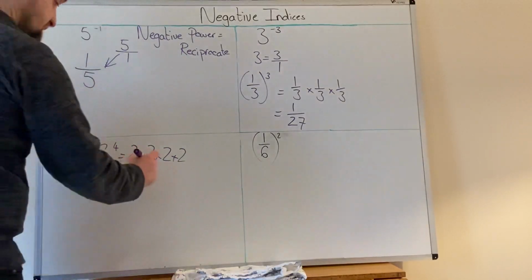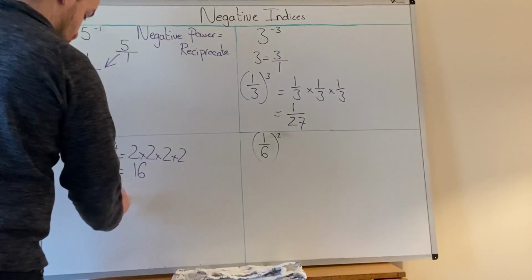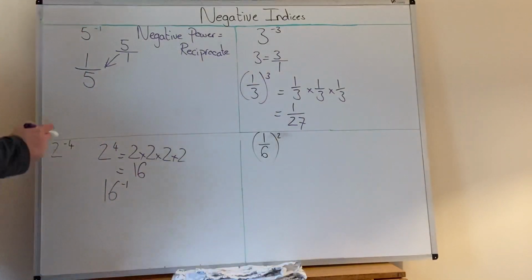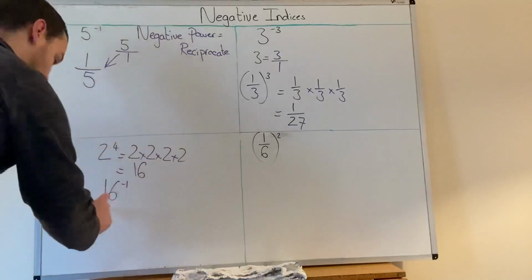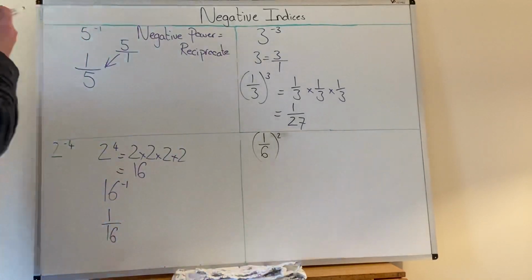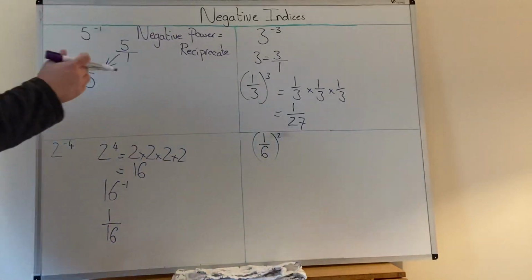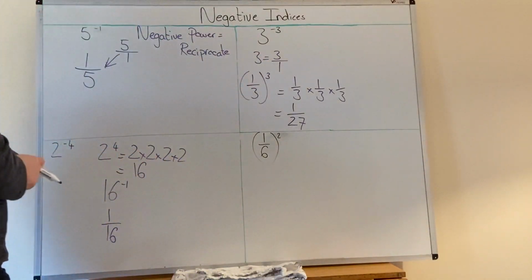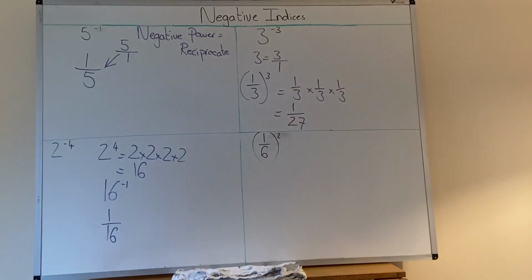So what we've got is 16 to the minus 1, because we haven't reciprocated it yet. We haven't done anything with this minus sign. So it would be 1 over 16. Personally, I prefer that method. However, it doesn't matter which way you do it.